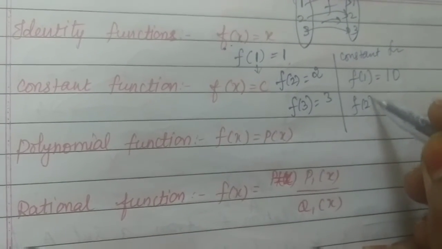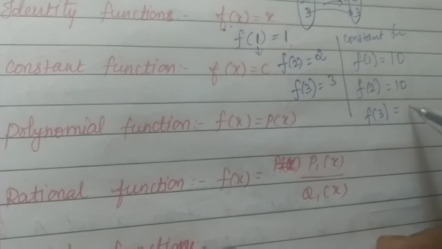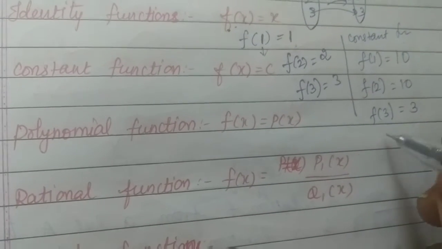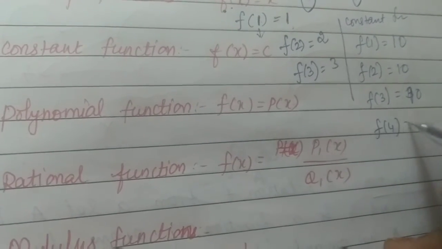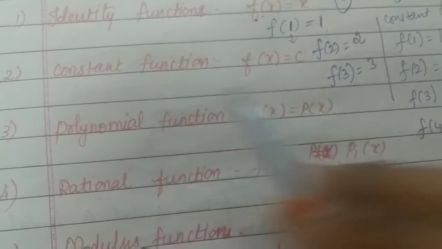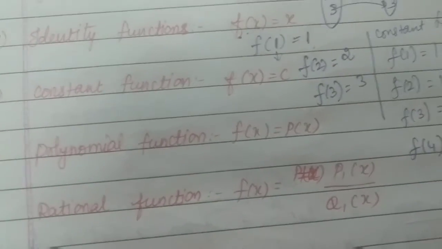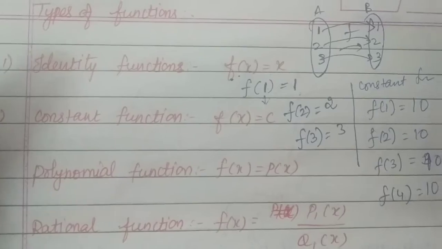If I am giving 2, I will get the same 10. If I am giving 3, I should get 10. If I am giving 4, it should be 10. That is nothing but a constant function. If you are getting the same constant value for a particular function, then it is said to be a constant function.